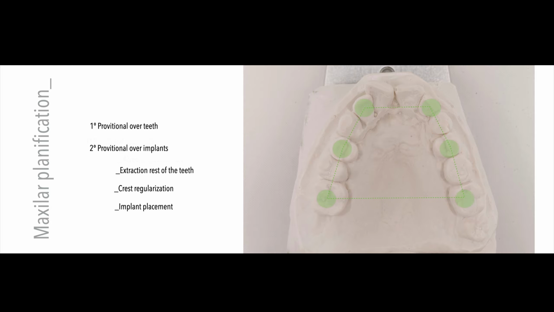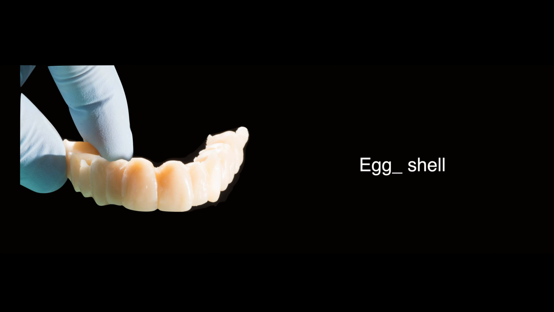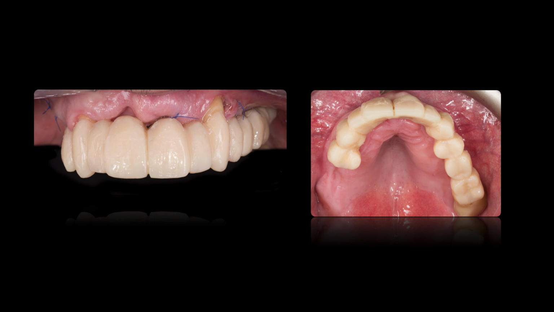At the end, the decision was to extract all of the teeth and maintain some strategic teeth to hold the provisional during that phase, create an eggshell provisional, and cement it to the teeth.